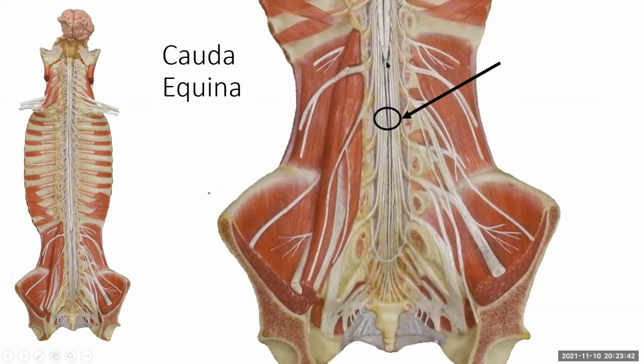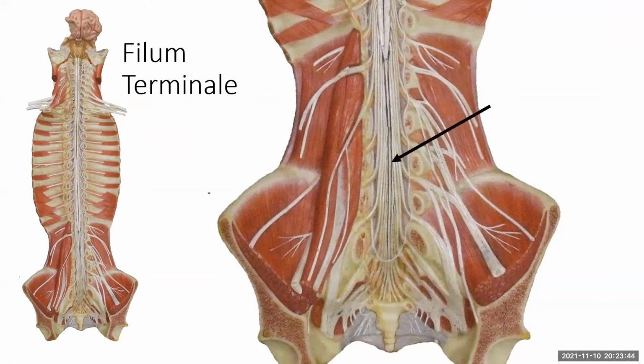That is connective tissue. That is the filum terminale. Remember that strand of pia mater that I was telling you about? It attaches to the inferior portion of the spinal cord, and it will then attach the spinal cord to the coccyx there. That's the filum terminale.